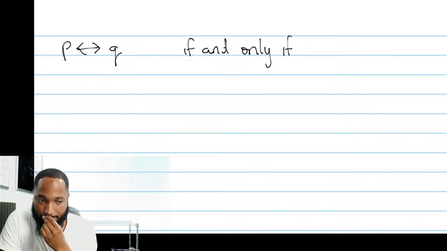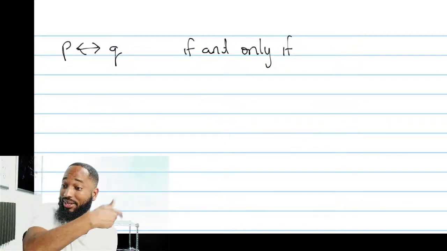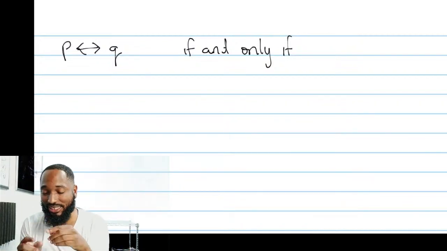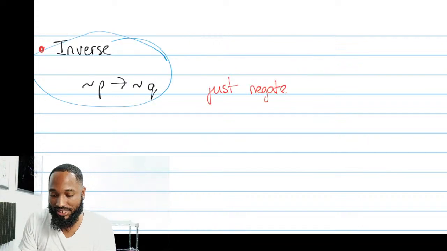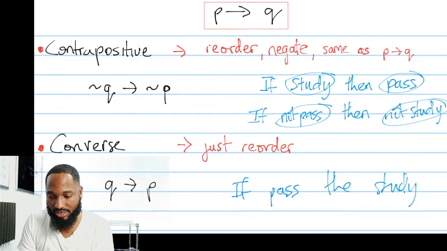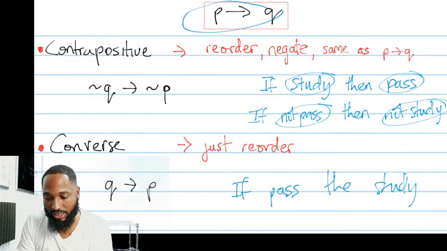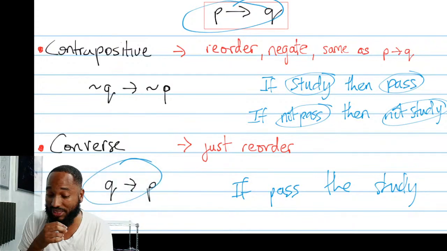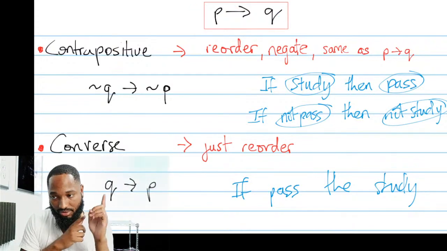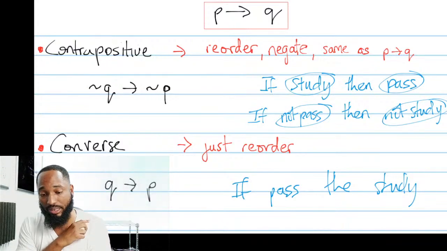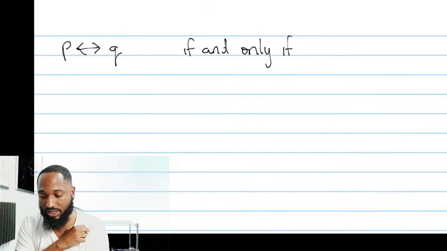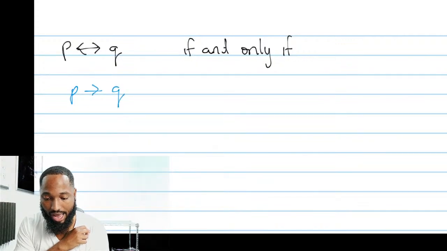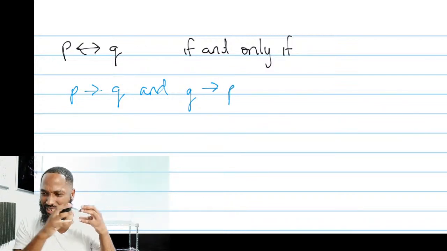It means P implies Q and Q implies P, so the normal statement and the converse at the same time, which makes the statement a little stronger.